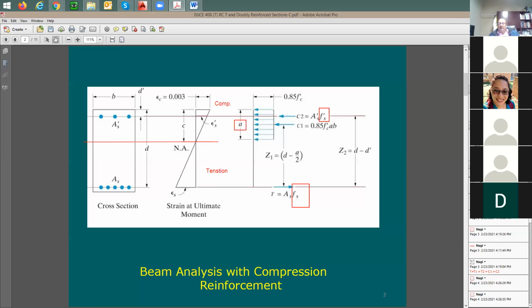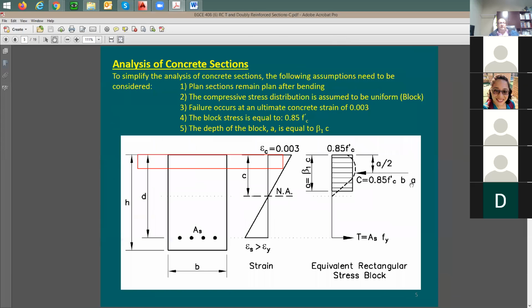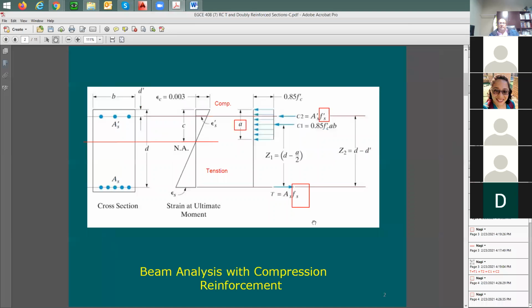Let me show why. In the previous T section analysis that we have done, we had this trouble with this A2. So we're going to have more than one unknown. It's not going to be just one or two. We're going to have more than one unknown, and it's going to be slightly tough.